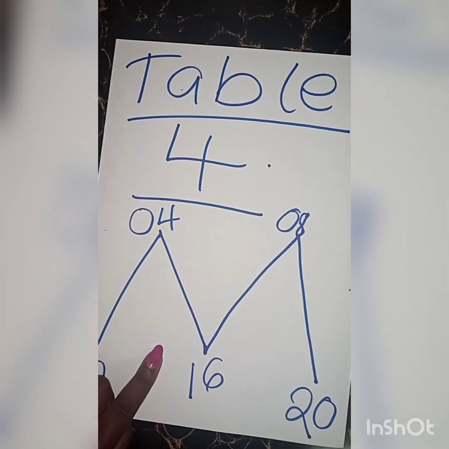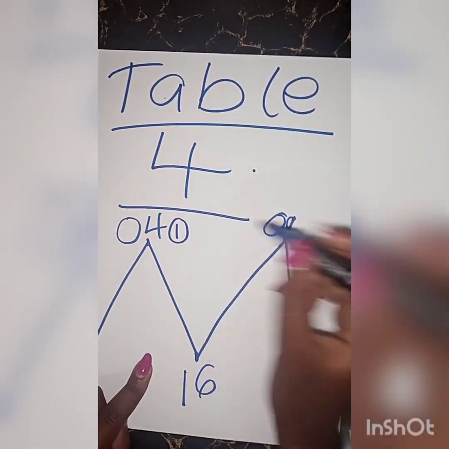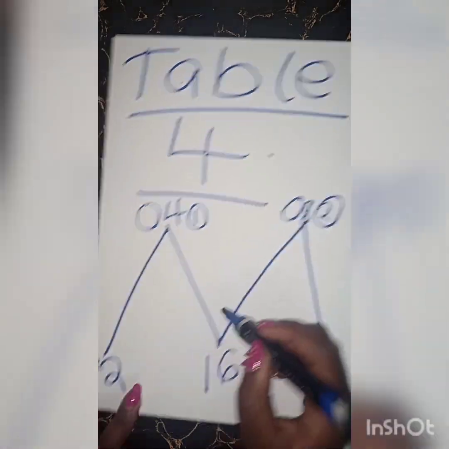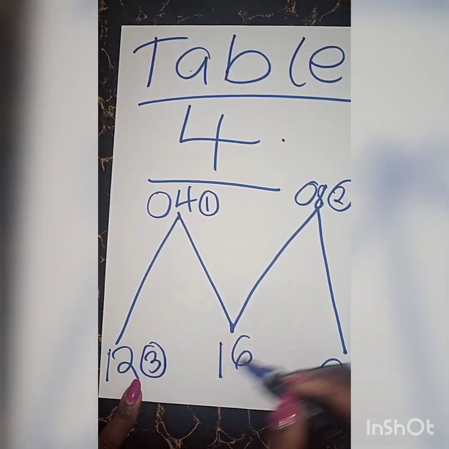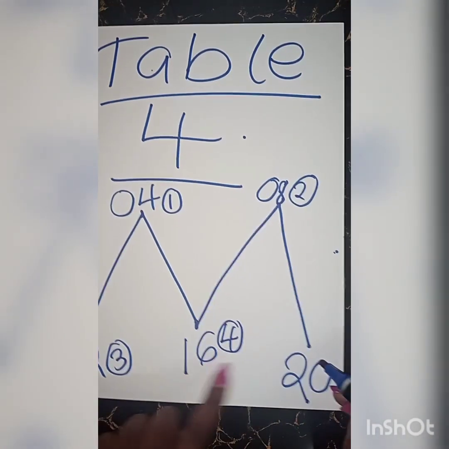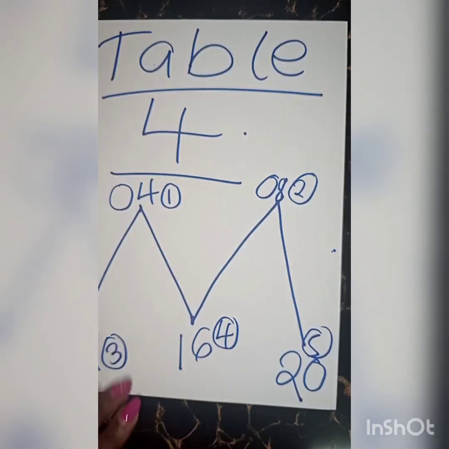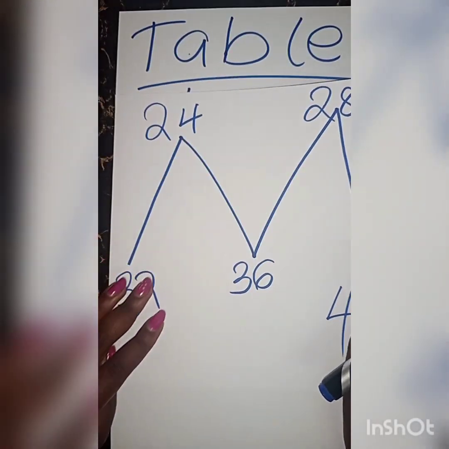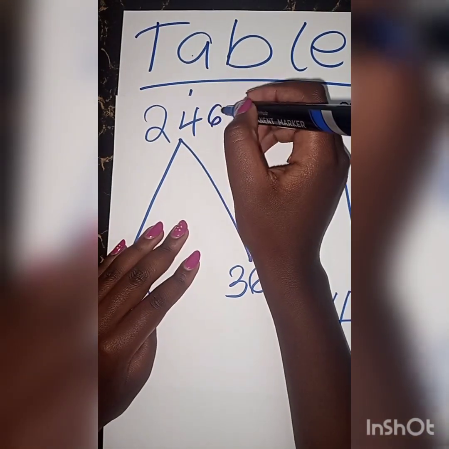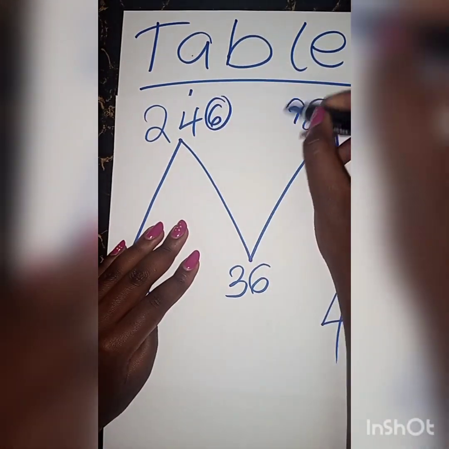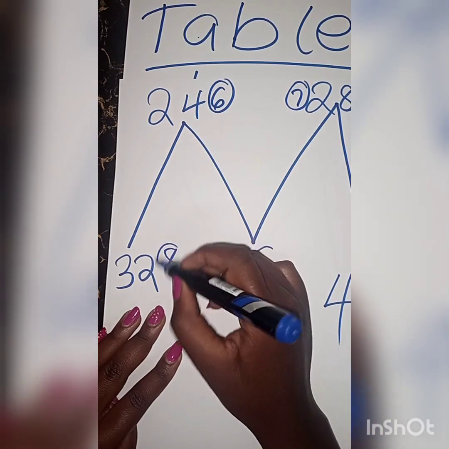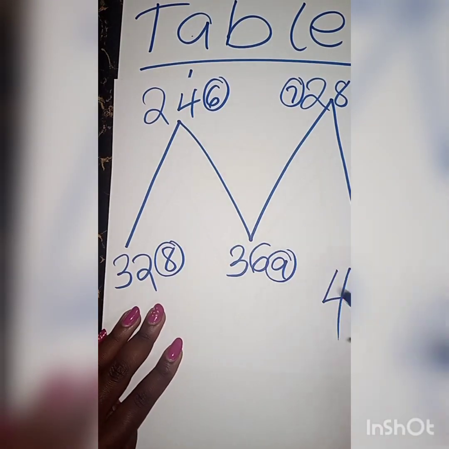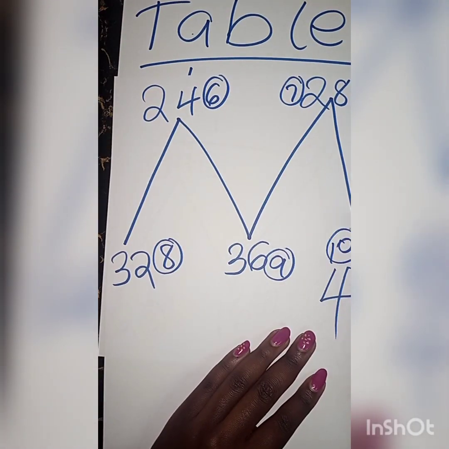So this is 4 times 1, times 2, times 3, times 4, times 5, times 6, times 7, times 8, times 9 and times 10.